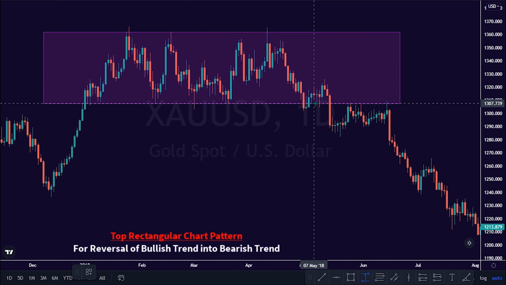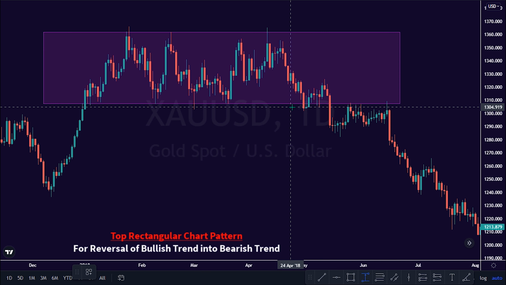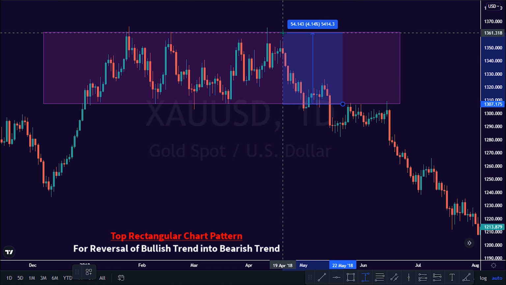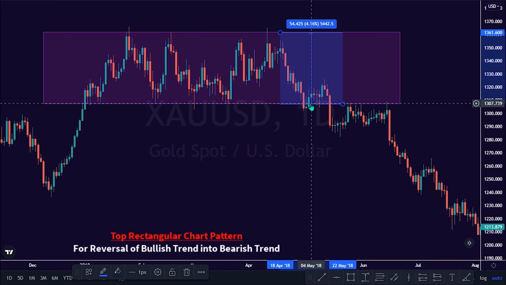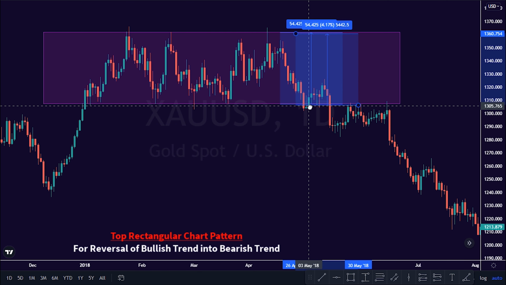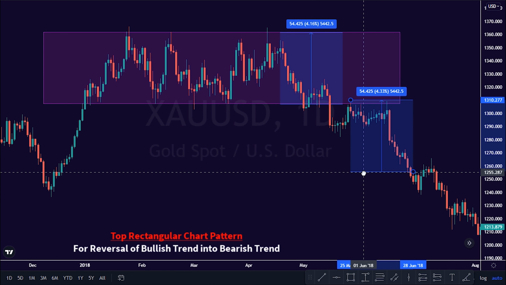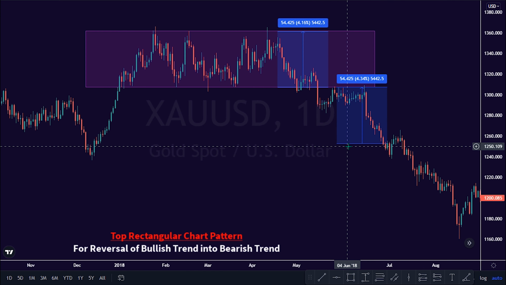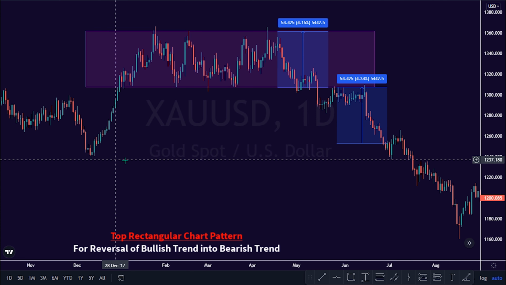To do this, we need to measure the price move from the support here to the resistance level here. Next is to replicate the price measurement value from the support here all the way downward. As we can see, it's almost close to the support structure here.